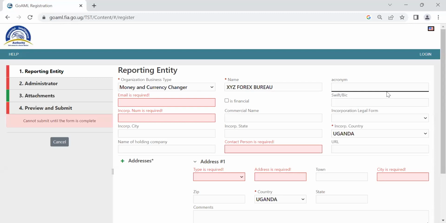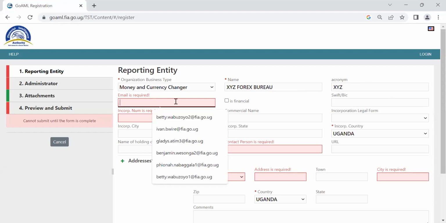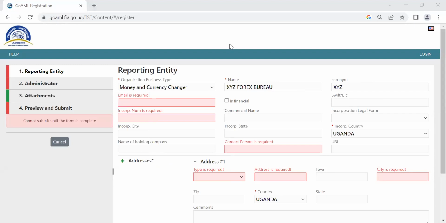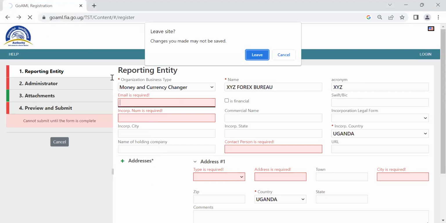So acronym is the short name. So I'll put that as my short name. And then this is the email of the institution. There's someone who's still behind, so I'll just go back a bit.